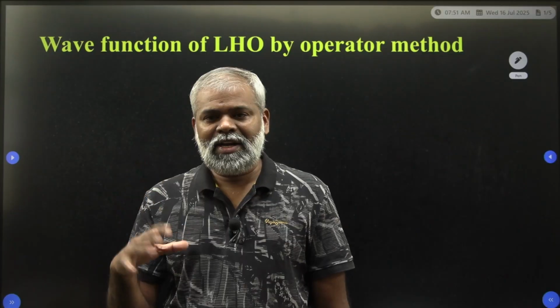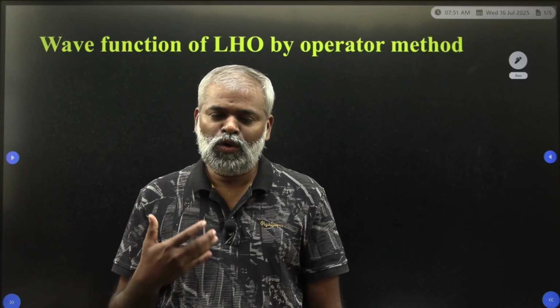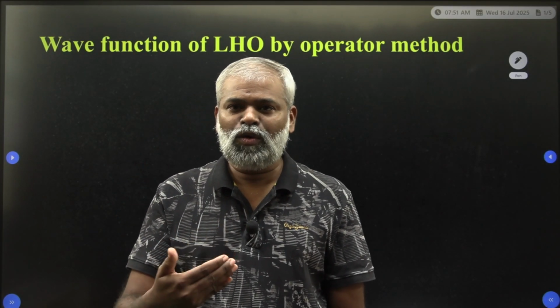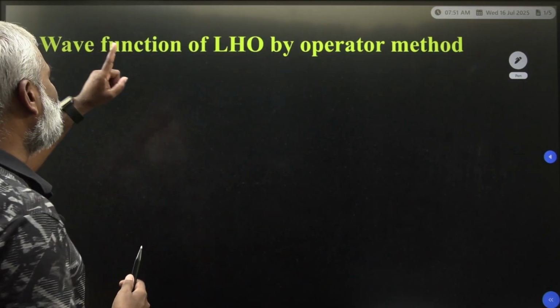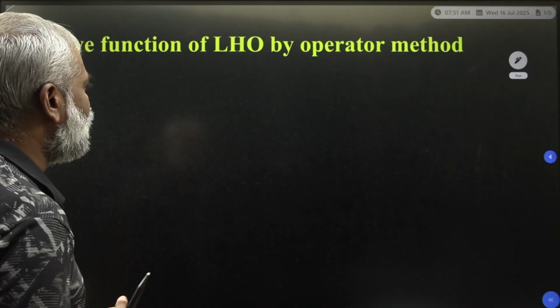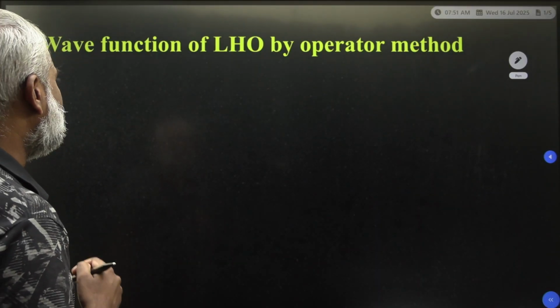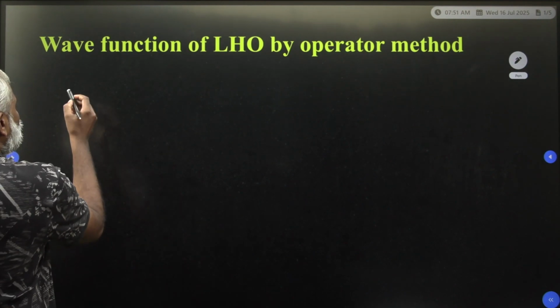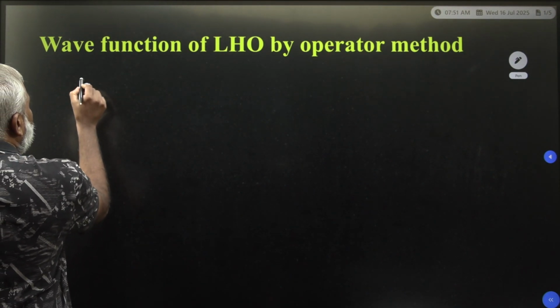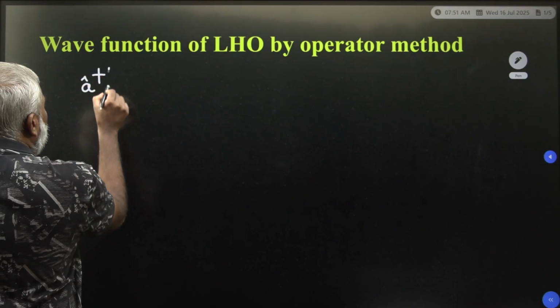Those operators we defined in the last class. So now, by the operator method, we need to derive the wave function of the linear harmonic oscillator.